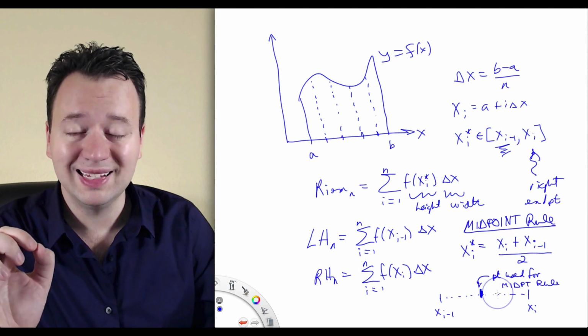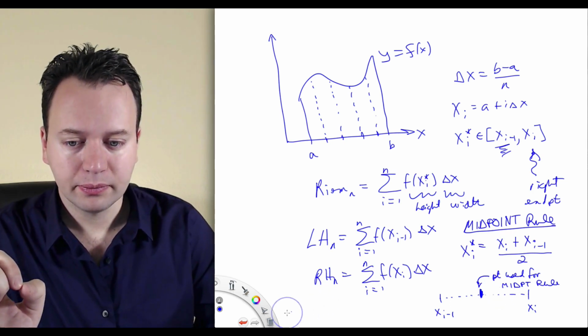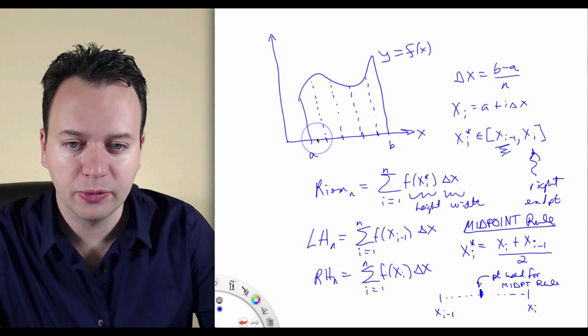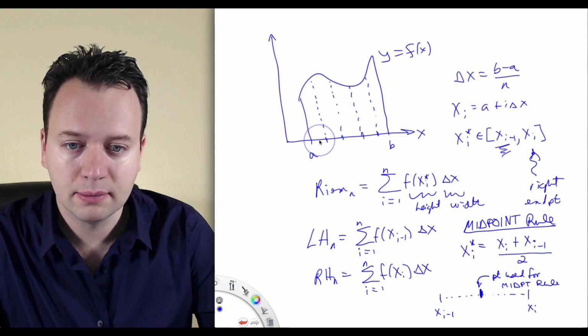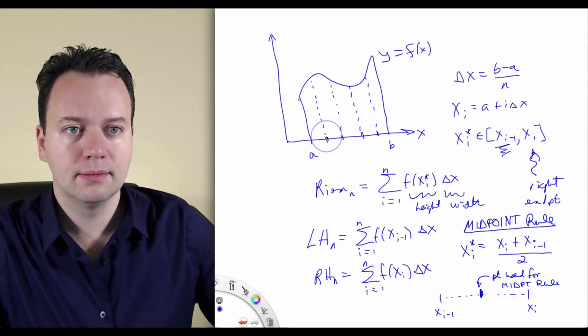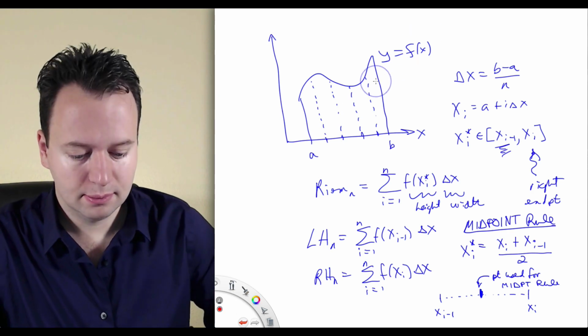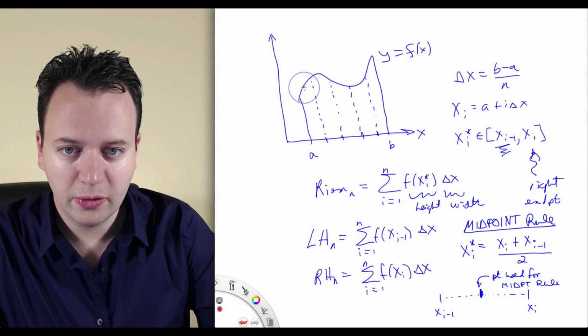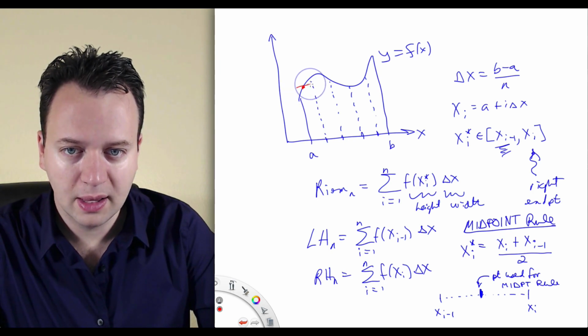So if you use the exact center point to approximate the height of the rectangle, so for the first interval, I'm going to choose the point right in the middle. And I'm going to evaluate the function at this point and use that height.